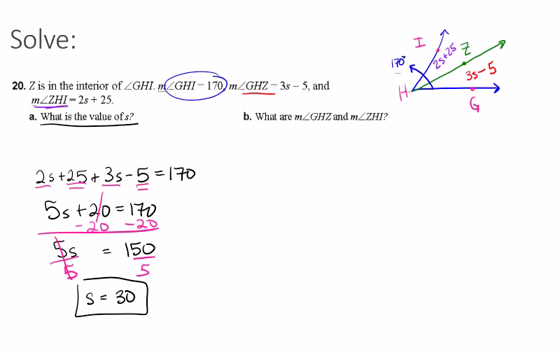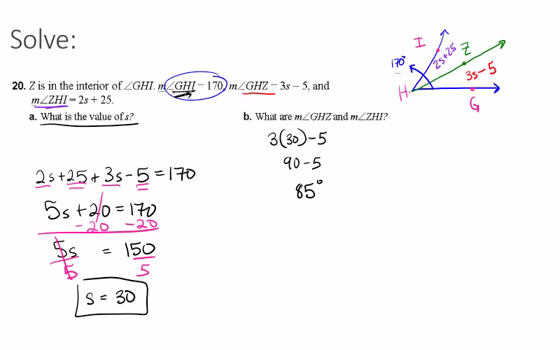We already know the measure of GHI, right? That's given. So now for the measure of GHZ, that's going to be 3s minus 5. So now that we know s, we can substitute that value. So 3 times 30 minus 5 is 90 minus 5 is 85, right? So 85 degrees for GHZ.